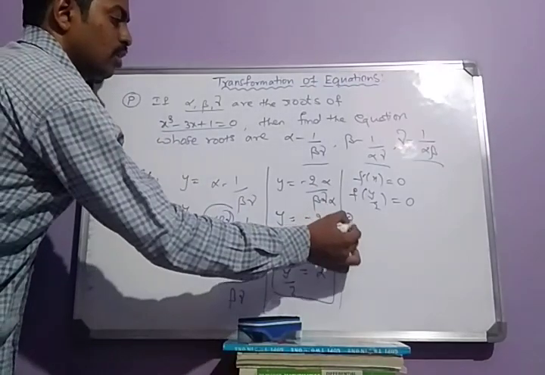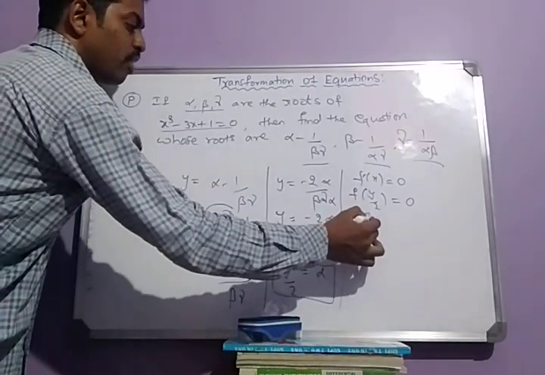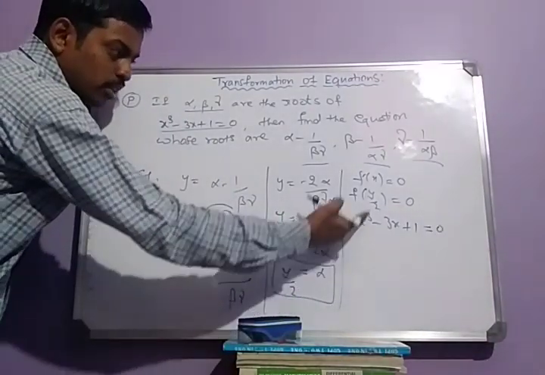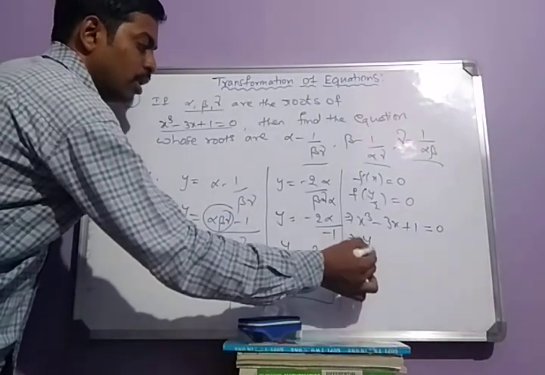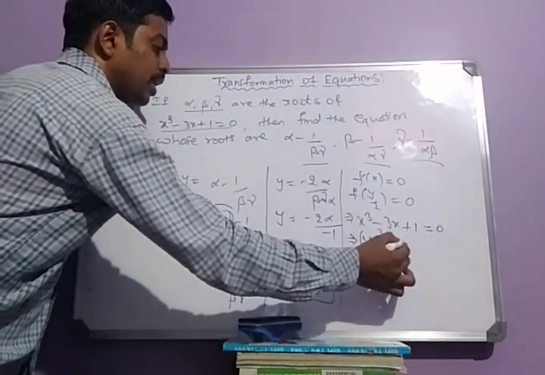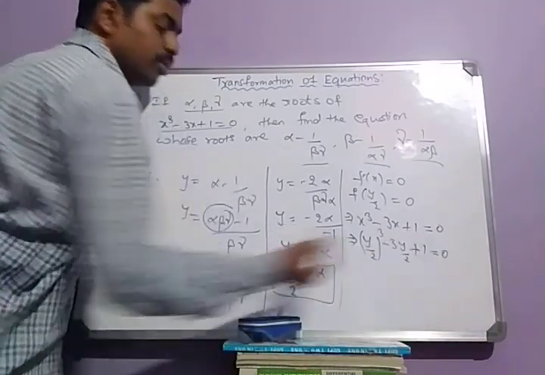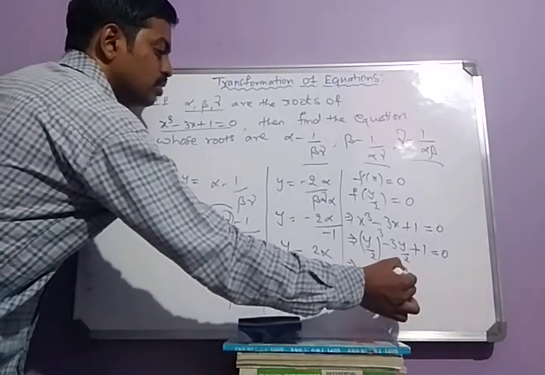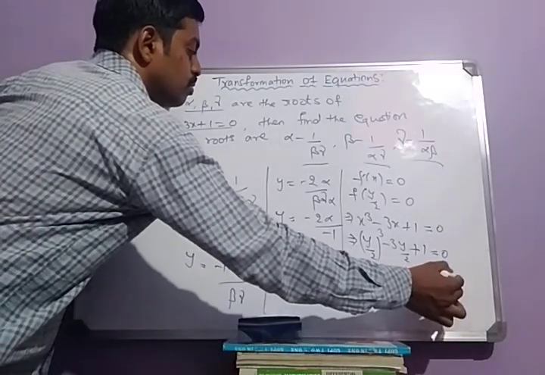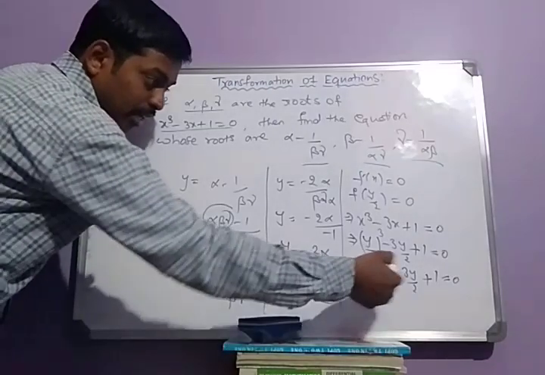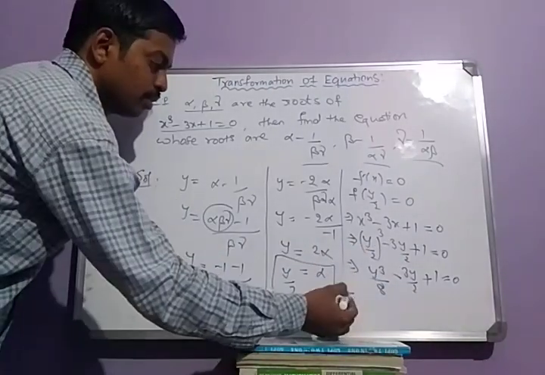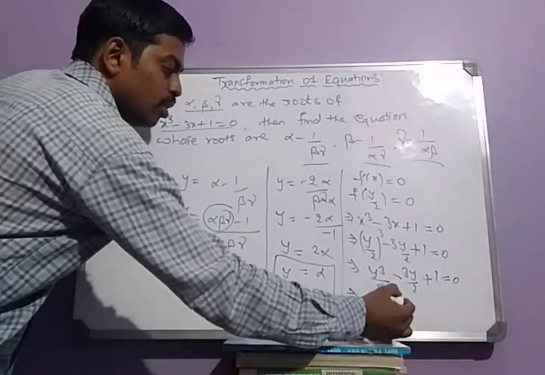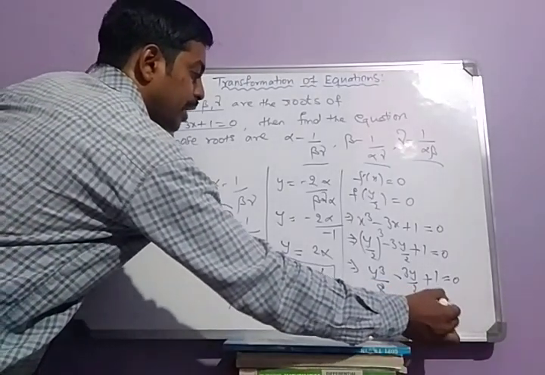So what happens? Let me first write the equation: x cube minus 3x plus 1 equal to 0. In place of x you are supposed to take y by 2. That means (y by 2) whole cube minus 3 into (y by 2) plus 1 equal to 0. So you get y cube by 8 minus 3y by 2 plus 1 equal to 0. Multiply with 8 on both sides, you will get your final answer: y cube minus 12y plus 8 equal to 0.